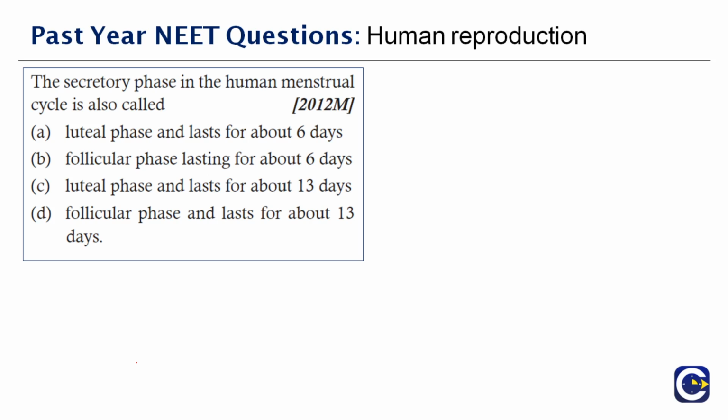The secretory phase in the human menstrual cycle is also called as dash. So let me talk about the menstrual cycle here, a few words about it. As we all know, a woman undergoes a menstrual cycle, and it is a 28-day cycle. After every 28 days, the female human body will produce an egg.